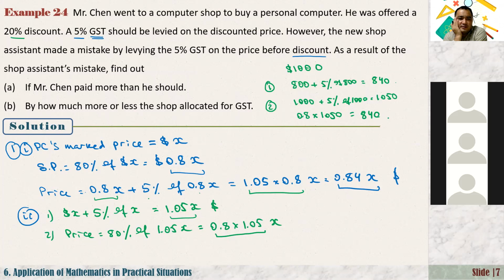Where are we making mistake here? I don't get it. 80% of X is 800, but now the selling price is 800, so it is plus 5%. Okay, guys, sorry, I got confused here. Good, I got it.